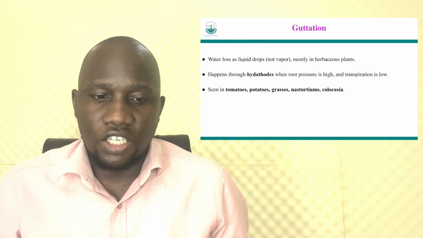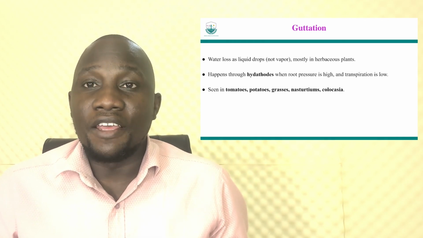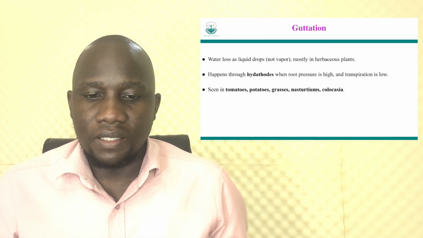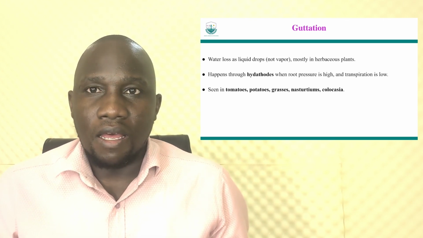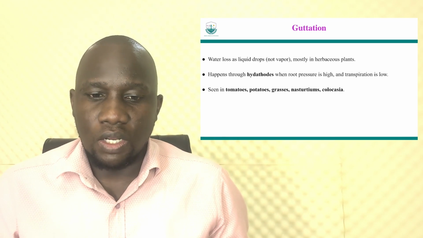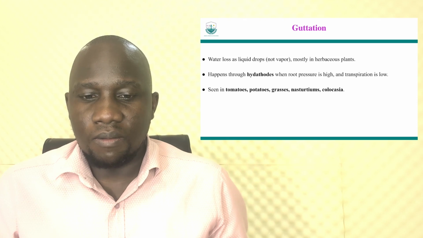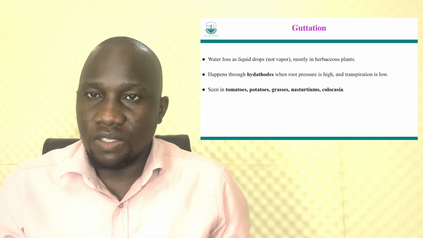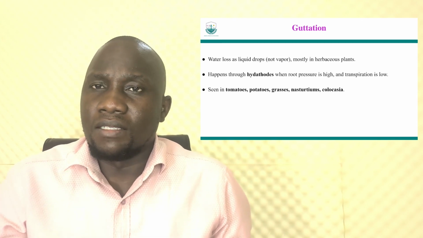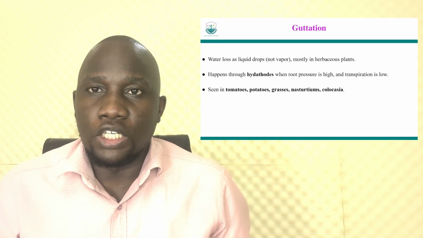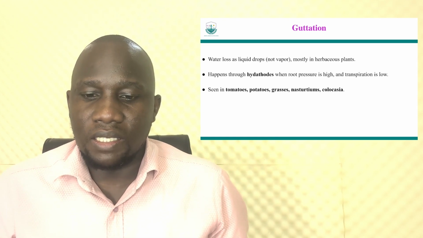That is what we call guttation. Plants that are in waterlogged areas can have this mechanism. This happens when transpiration is very low but the root pressure is high. That is what helps in pushing out this water. It is seen in tomatoes, potatoes, and grasses.